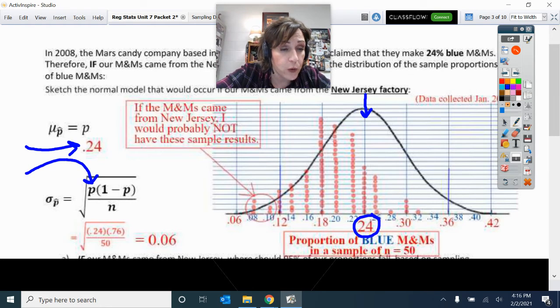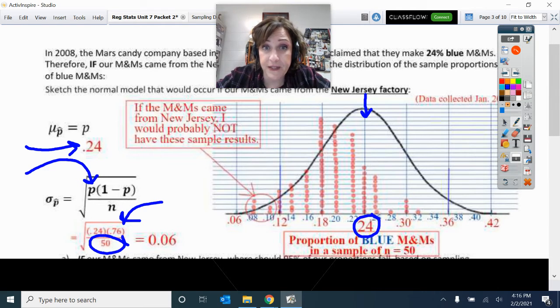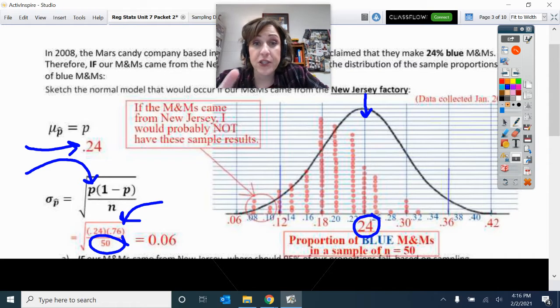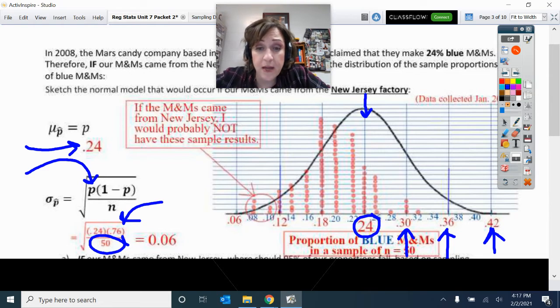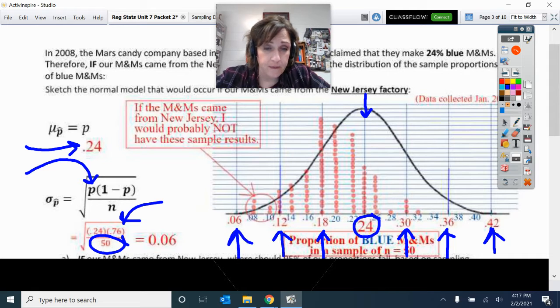I put 0.24 times 0.76 over our sample size of 50, and then I square root that. That's 0.06. So look at what I have here. See my red? 0.24, 0.30, 0.36. These numbers are one standard deviation up, and these numbers are one standard deviation down. All right, so that sets it up.